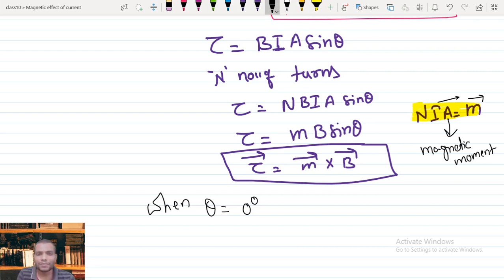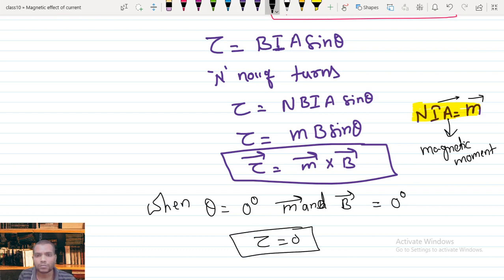If the angle between M and B equals 0, then tau equals 0. It means the magnetic moment is parallel to the magnetic field vector.